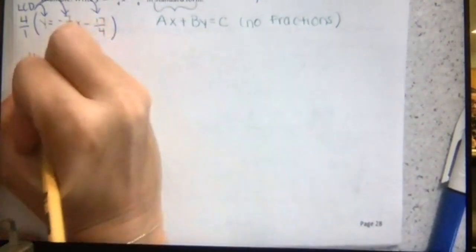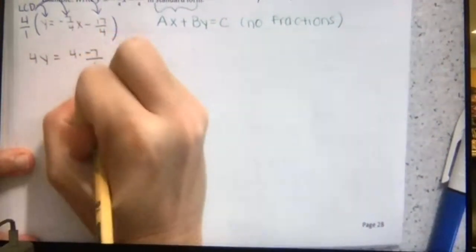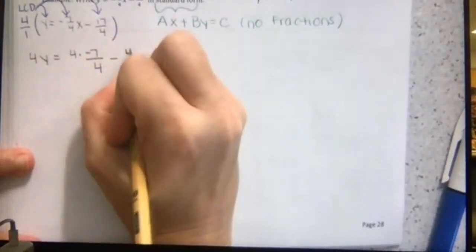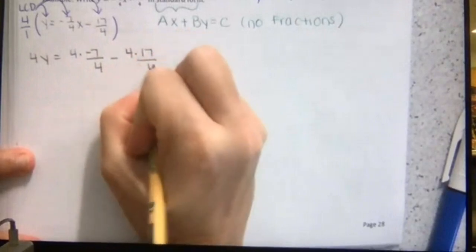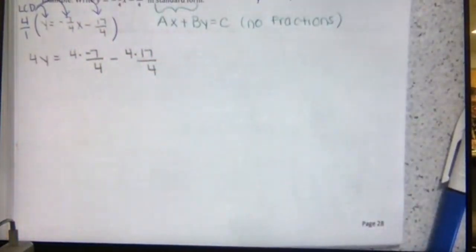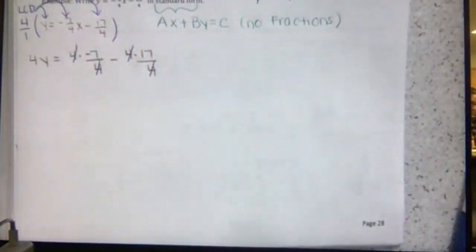That'll leave us with 4y equals 4 times -7/4x minus 4 times 17/4. Notice I left it in factored form because I want my factors to cancel, which is what happens. 4s are gone. 4s are gone. I left out my x, I'm sorry.